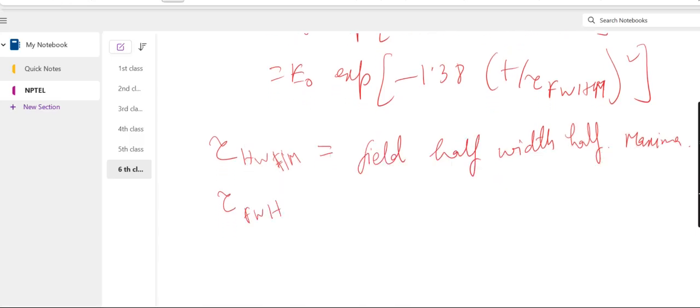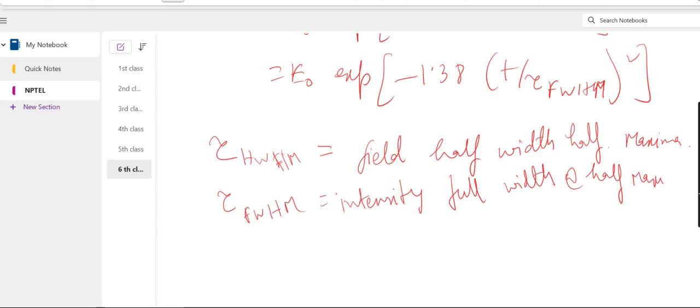Tau FWHM is the intensity full width at half maximum.